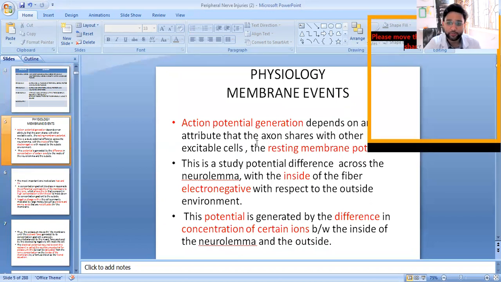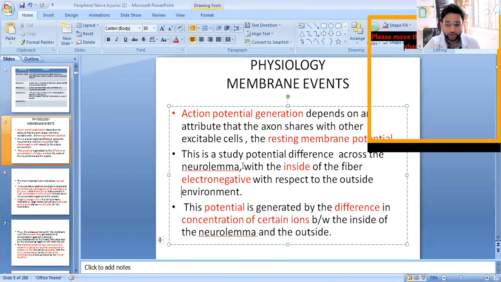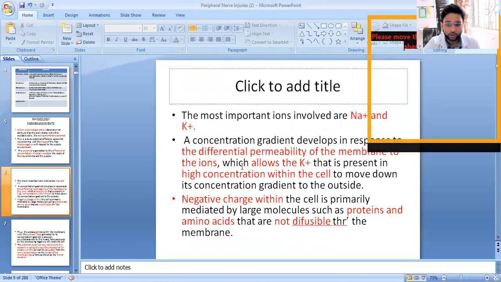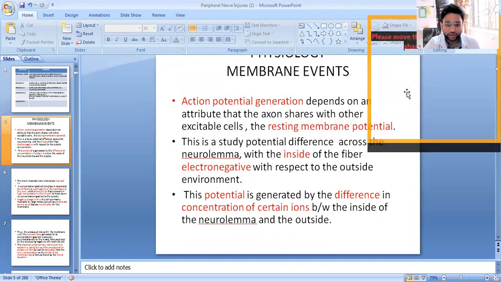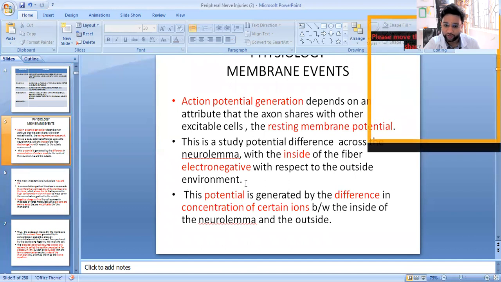The physiology of membrane events. The action potential generates depending on an attribute that the axon shares with other excitable cells, the resting membrane potential. This is a steady potential difference across the neurolemma, with the inside of the fiber electronegative with respect to the outside environment.